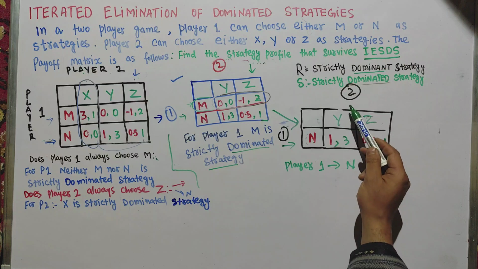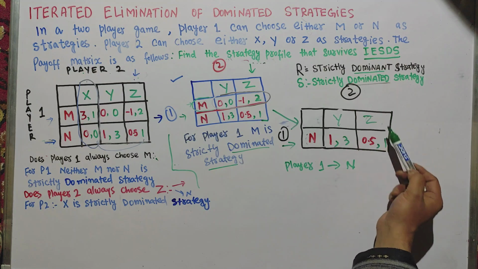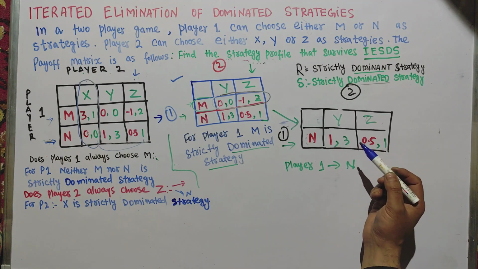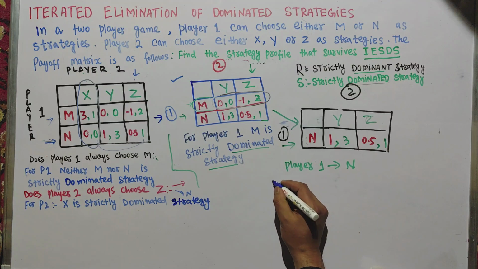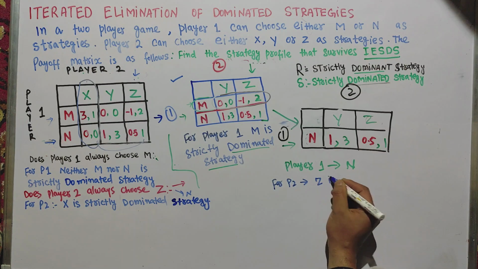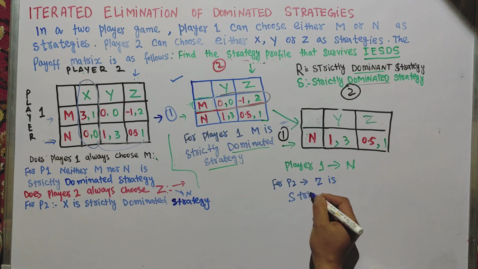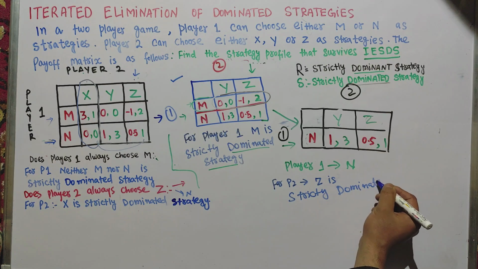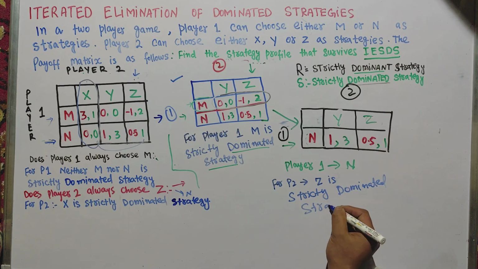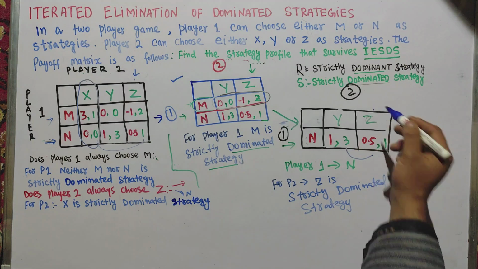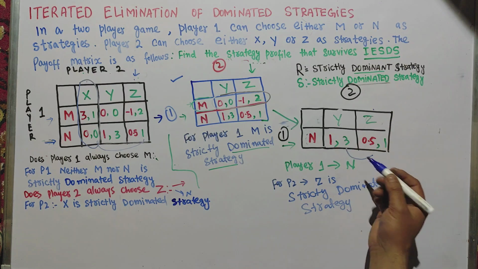Obviously playing Y gives him more payoff than playing Z. That means for player 2, Z is a strictly dominated strategy. Here you can see Z is being dominated by Y.